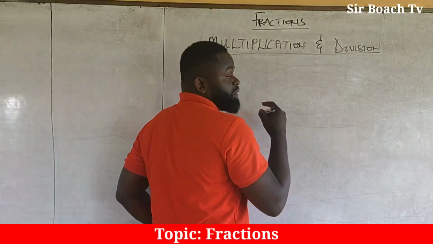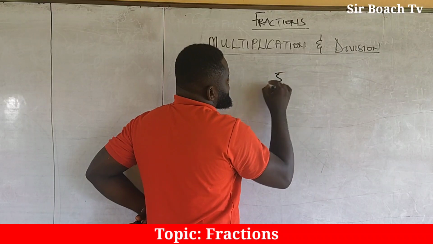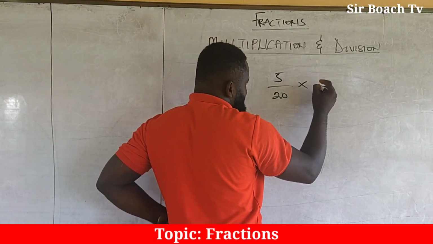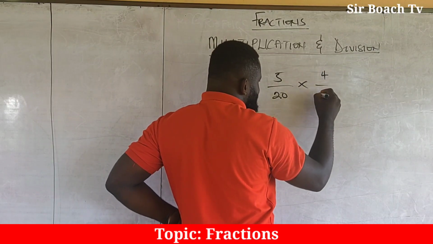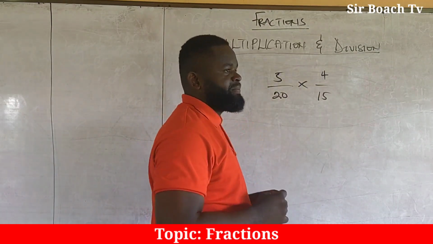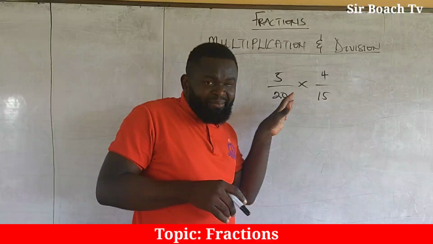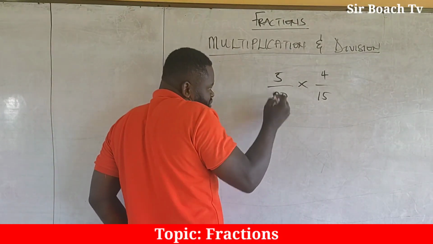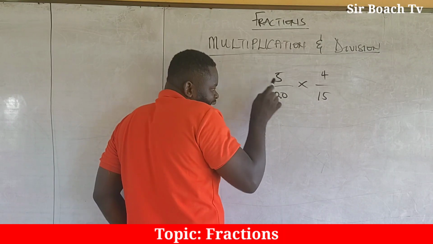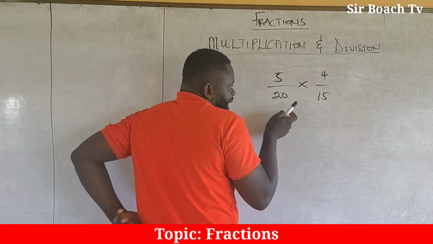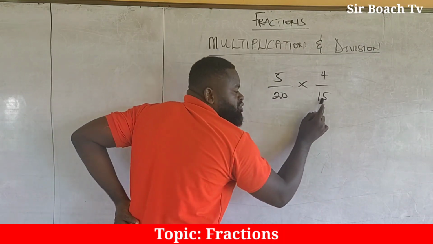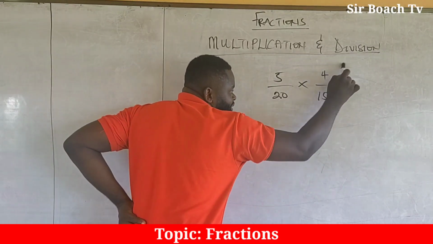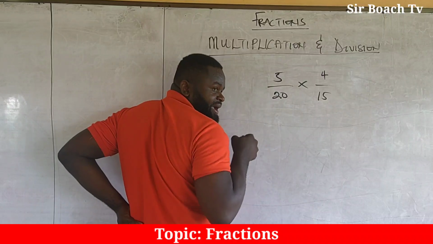Now, let's take something here. So we have 5 over 20 times 4 over 15. Now we can break this down. We can see that we can cancel this with this. 5 goes into 5 1 time, it goes into 20 4 times. We can also cancel 5 goes into 5 1, it goes into 15 3 times. It works. We can also cancel 4 goes into 4 1, it goes into 20 5 times.